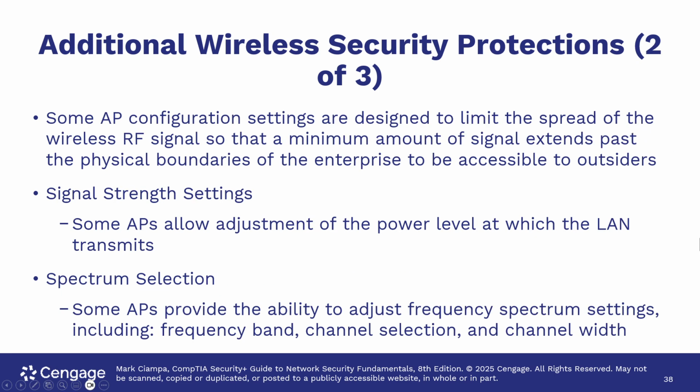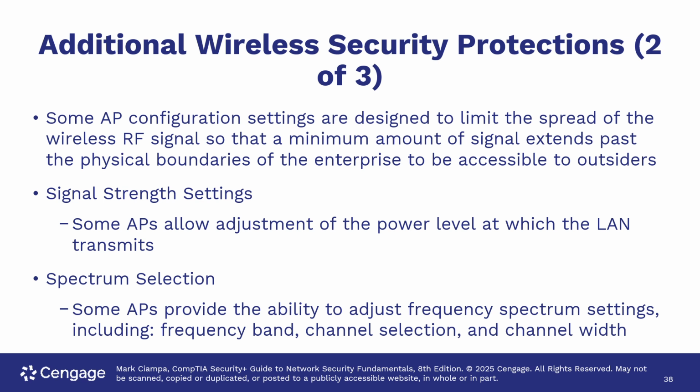Some access point configurations are designed to limit the spread of the wireless RF signal so that the minimum amount of signal extends past the physical boundaries of the enterprise to be accessible to outsiders. It's kind of like if you set up wireless at your house, and say you go outside in the garage, you might have a little bit of a wireless signal.